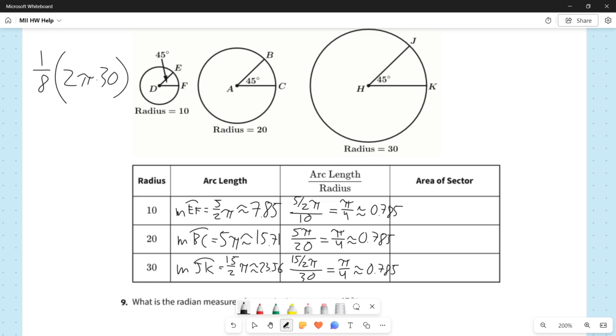Our last column here is asking for the area of the sector. So what we want is the area of these guys, right? The one slice.